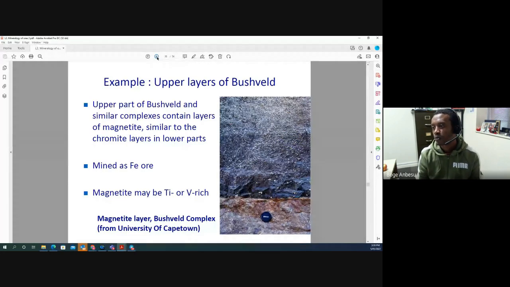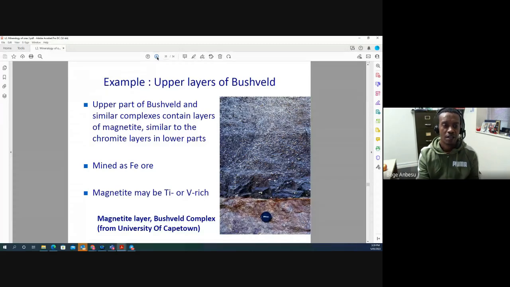For example, if you go to South Africa, they have a place called Bushveld. In Bushveld, you have very rich chromium deposits and magnetite deposits. In this case, we know it's a magmatic deposit because of the way the deposit has formed over time.